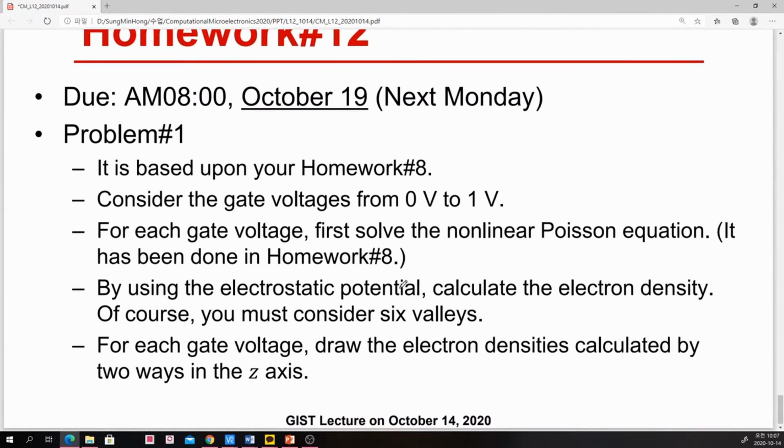You have plenty of time for the next homework, due next Monday, and please directly start from your homework number 8. Homework number 8 is just the non-linear Poisson equation solver for double gate structure.